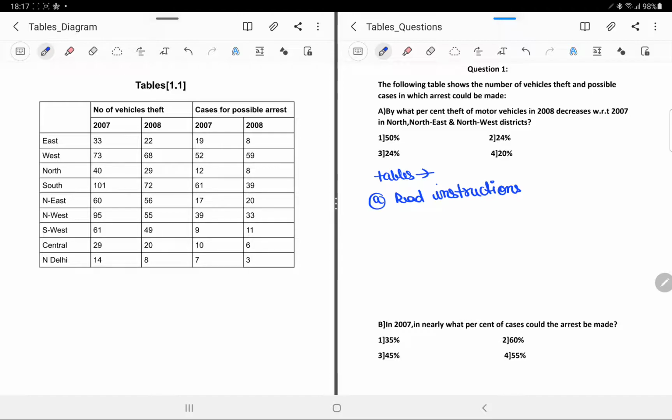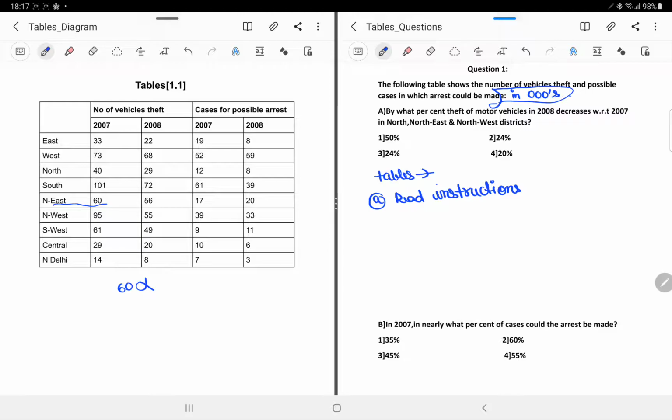Now, why this is important is because sometimes, for instance for this question, they might have said the following table shows the number of vehicles stolen and possible cases in which arrest could be made, in thousands. Now if they asked what is the number of vehicles stolen in the year 2007 in northeast, and you write 60, then this would be absolutely wrong, because this is mentioned in thousands.